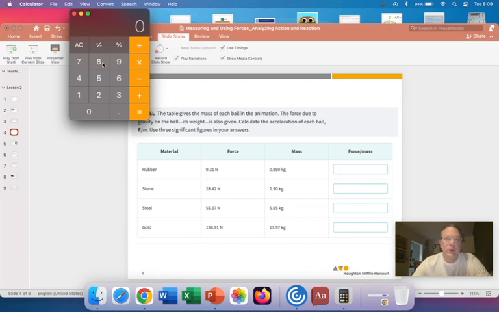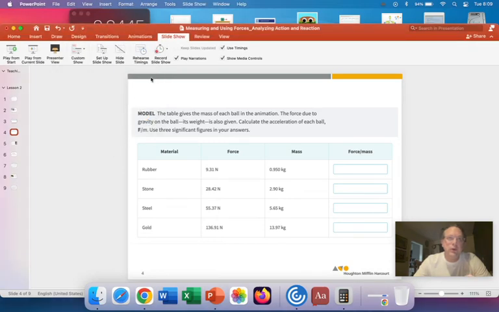So the rubber, 9.31 times the mass of the rubber ball. So let's write this in. 8.84. It says use three significant figures, so we're going to say 8.84.